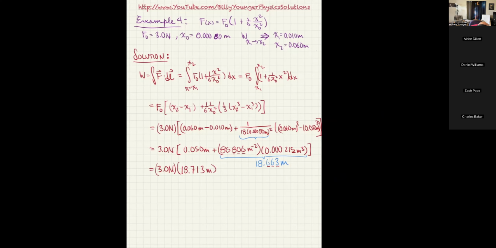And this is a meter, so the whole units work out to be, this times 3 gives me a Newton meter, and therefore I get that the work is equal to 56.14 Newton meters, or work is equal to 56 joules.